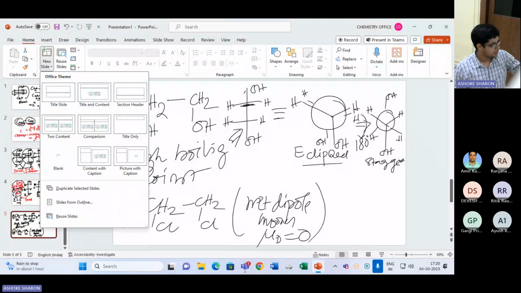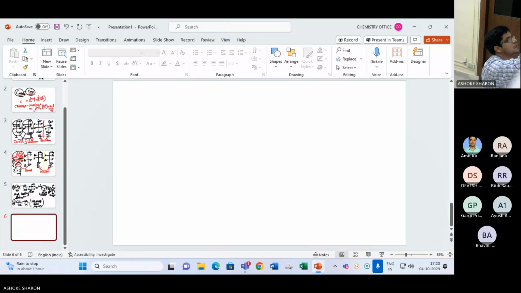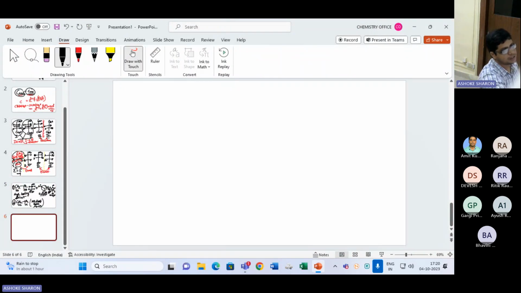I'm putting on another slide for better understanding. So if I rotate that molecule, just see the previous slide.